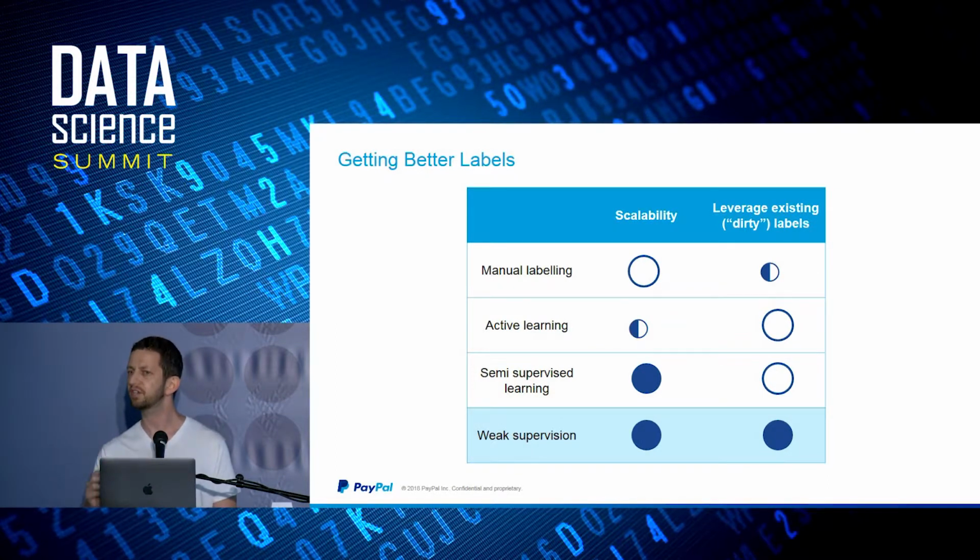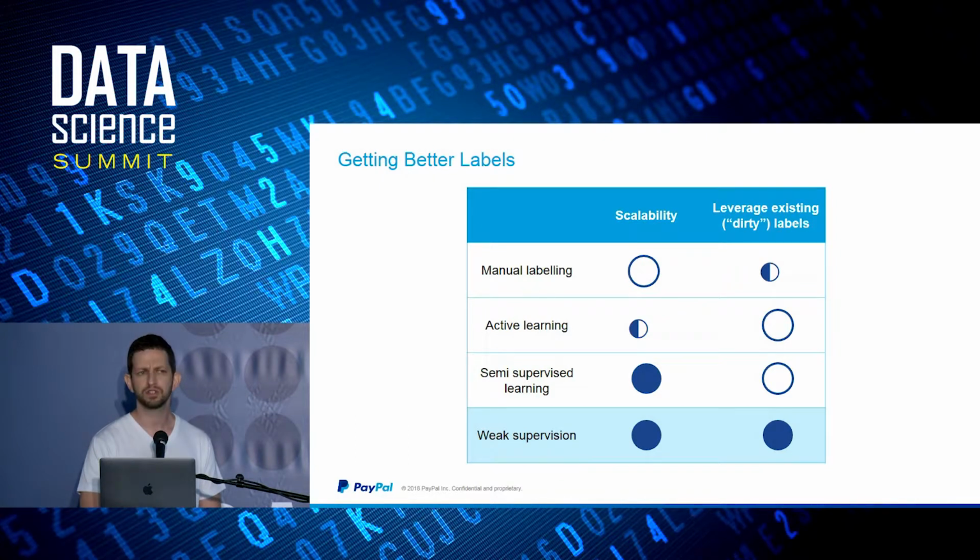They're not entirely accurate labels, but we do have labels. We wanted to utilize that. We didn't want to throw them away. In semi-supervised learning, every example is either labeled, implicitly assumed to be perfect, or it's completely unlabeled. We don't know anything about it. So we didn't take this approach because of that issue of not leveraging the existing labels.